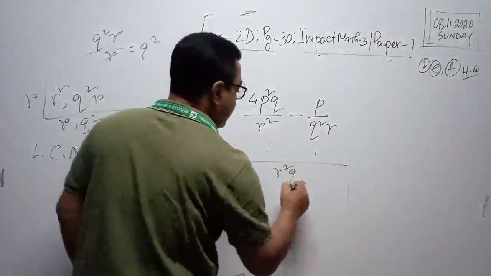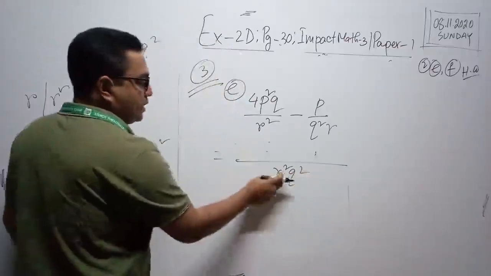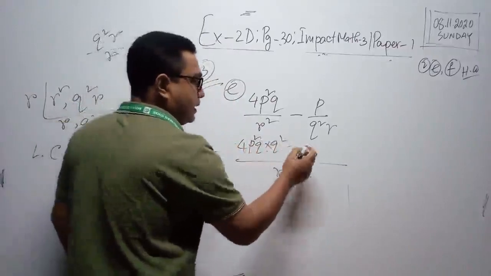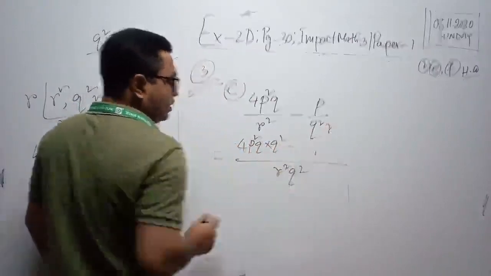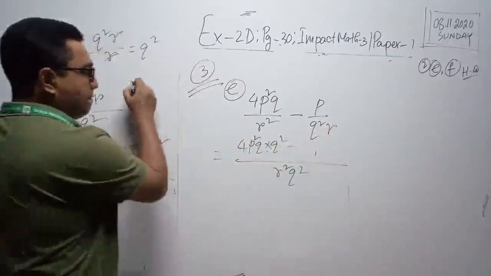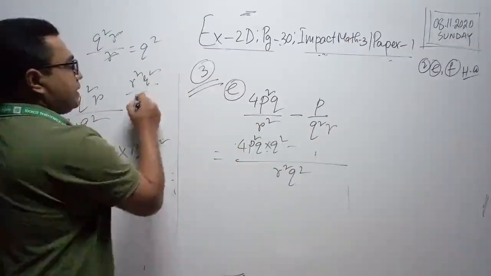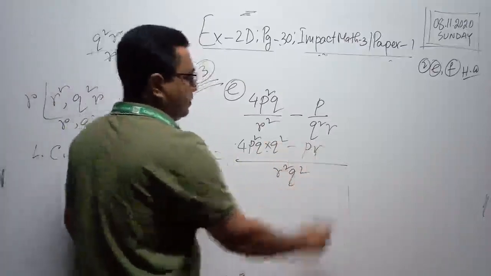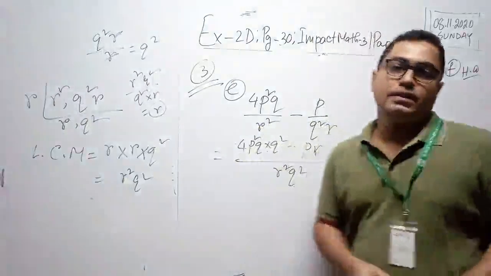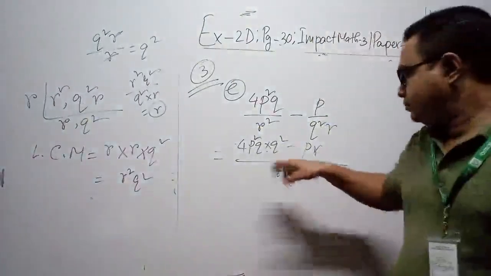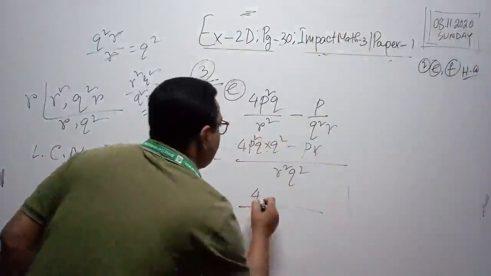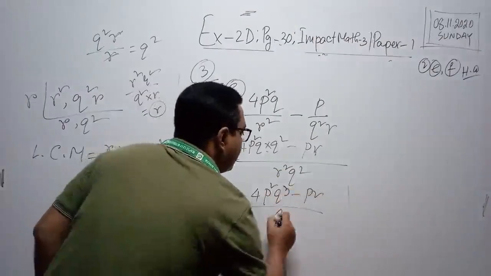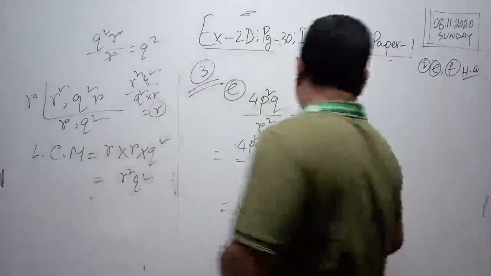Look here, r square q square. r square divided by r square, and q square. So p squared q into q square minus p divided by q square into r. We have r here. So pr. If you simplify it, you will get just one thing: p square q minus pr divided by r square q square.